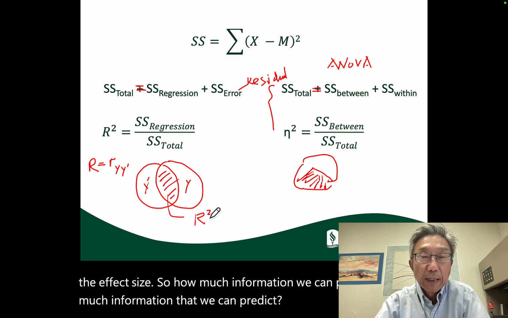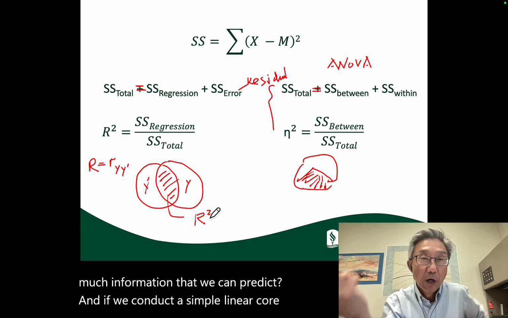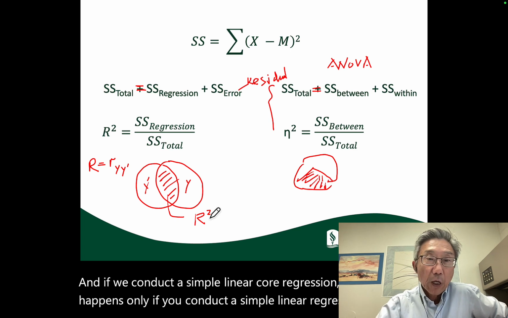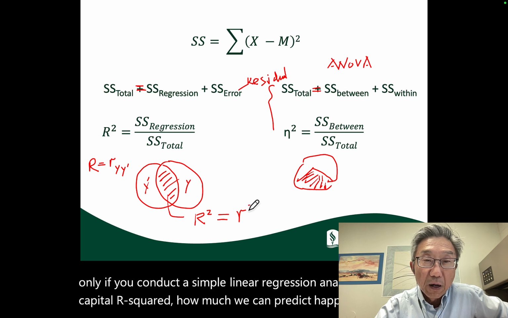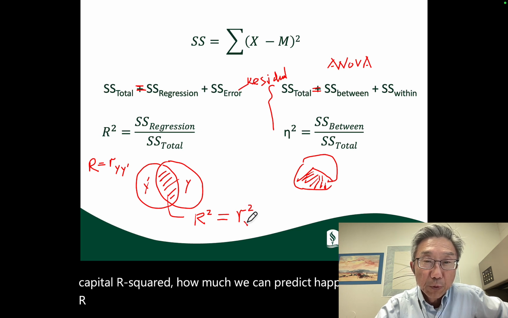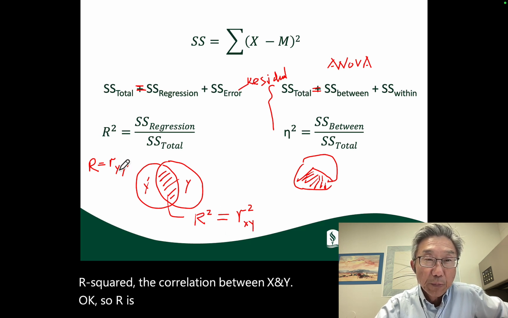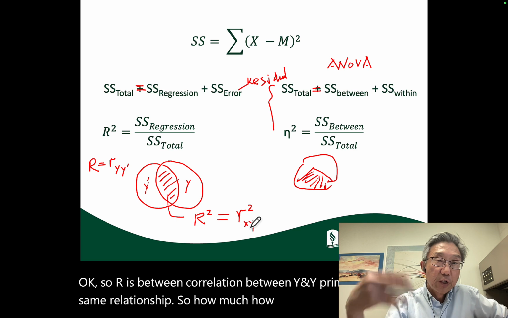And if we conduct a simple linear regression, this happens only if you conduct a simple linear regression analysis, capital R squared, how much we can predict, happens to equal R squared, the correlation between X and Y. Okay, so R is correlation between Y and Y prime. So it's the same relationship. So how much relationship do we have?